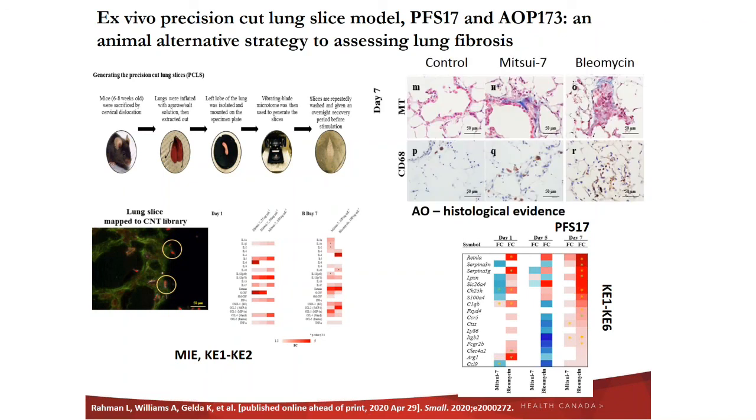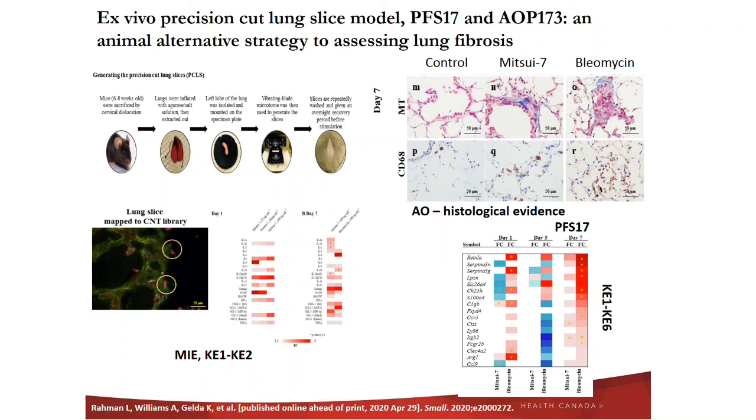Finally, we were able to show that the lung slices show the manifestation of fibrosis following exposure to Mitsui-7 and bleomycin by day 7. This is shown on the upper panel of the histopathology panel by the Masson trichrome stain, and at the bottom, you can see the localization and activation of macrophages in the various areas of the lung slices.